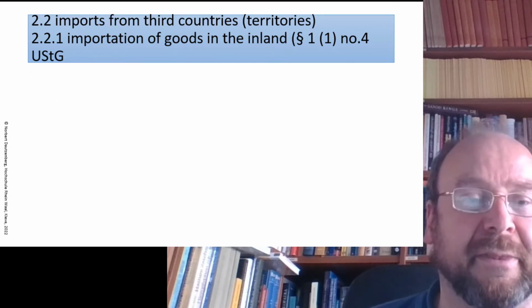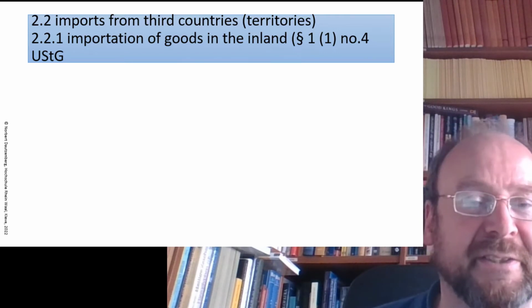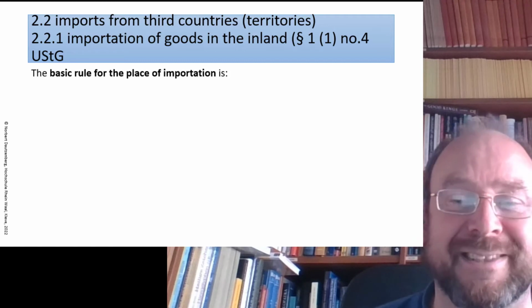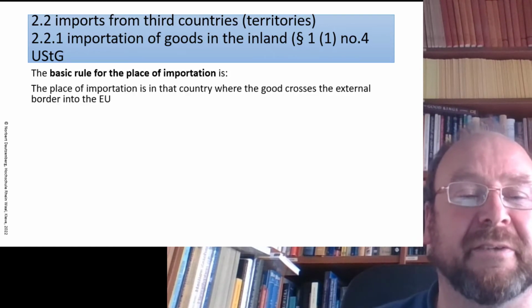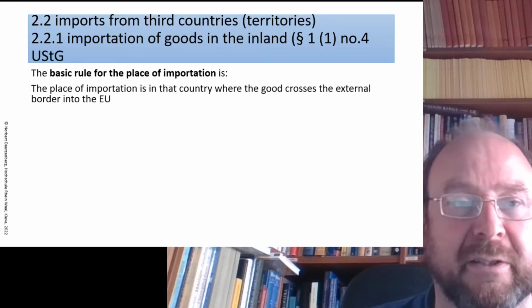Well, now we are not probably familiar with customs legislation, so let me just tell you the basic rule for the place of importation. The place of importation is in that country where the good crosses the external border into the EU.